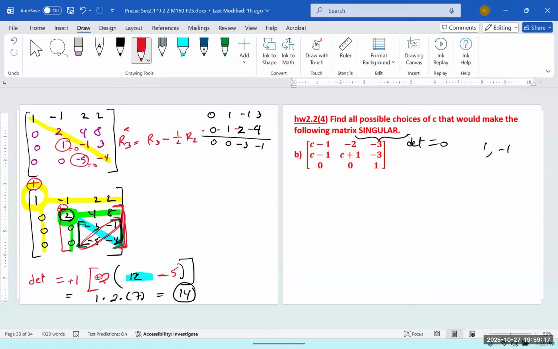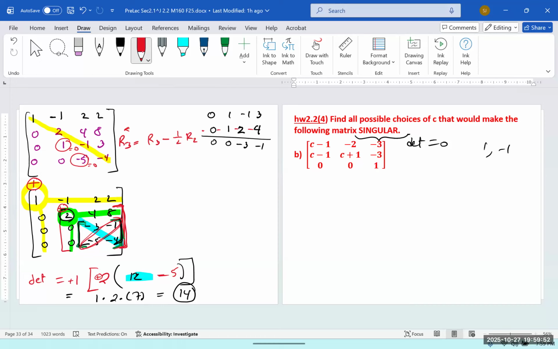What's the answer for the left one? 14. You didn't get it? Vlad absent, Ethan here, Elsa here. Huh? Your answer's wrong. No. The answer is 14. Okay.